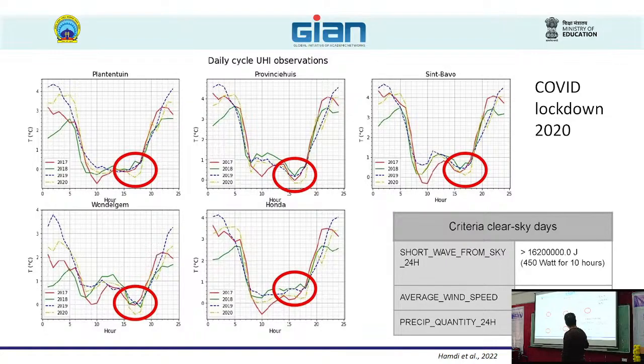What we found is that at 16, so at the end of the afternoon, the urban heat island decreases. And we found this for Sint Bavo and also Provinciehuis. So this is the city center also. And we found it also in here, this is the park, the urban park.